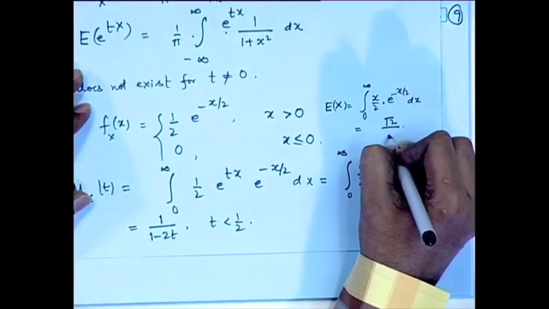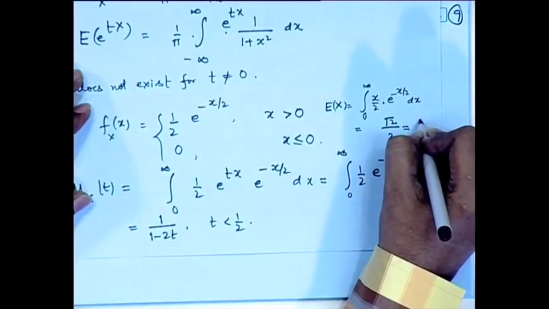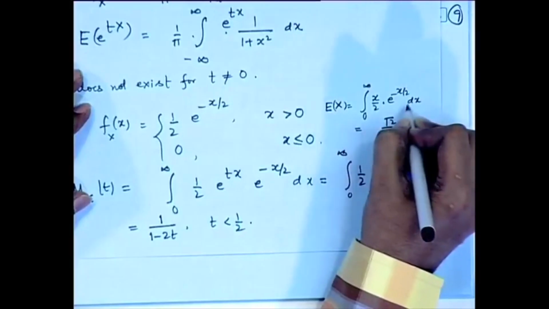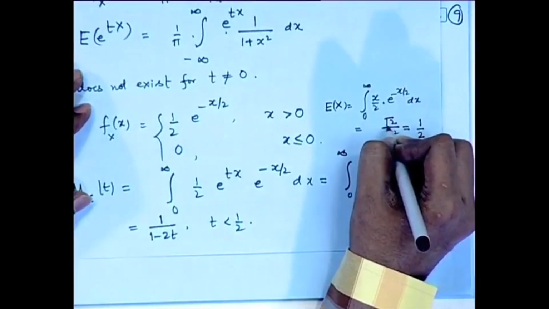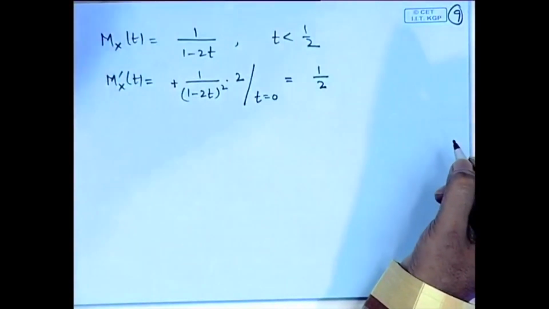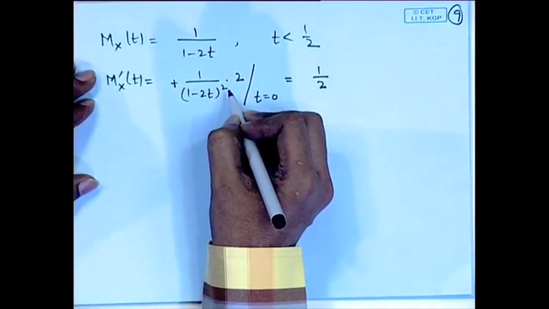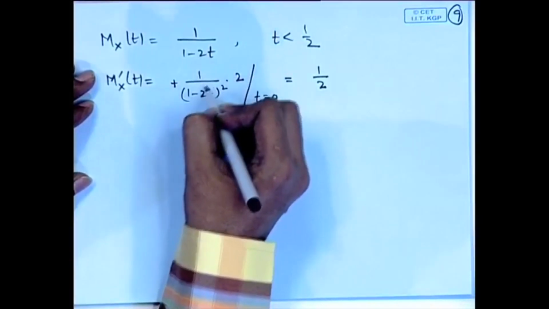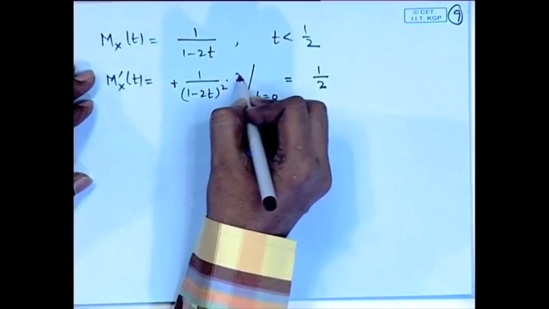So you will get 2, that is equal to 1 by 2 square and then this is 1 by 1 minus 2t whole square and then you have 2 here.